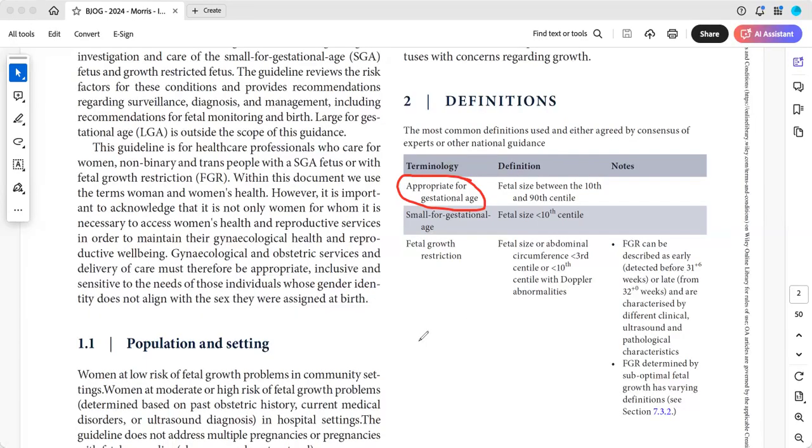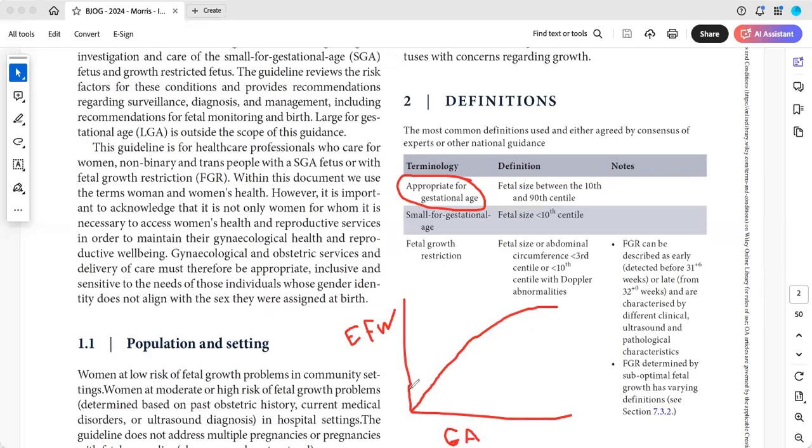So if I have here a chart, for example, and I know that most of you understand this concept, this is the gestational age by weeks, and here I have the estimated fetal weight on that chart. This is the normal population, okay?